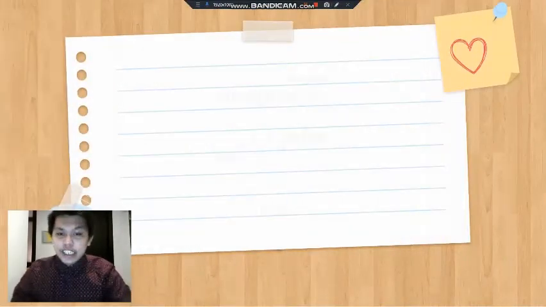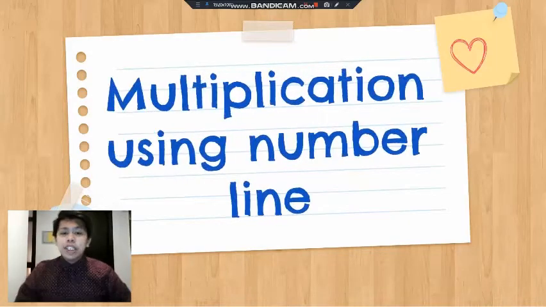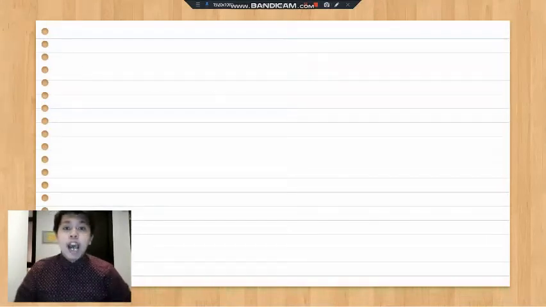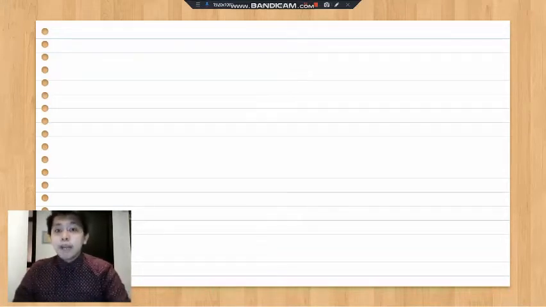Let's start with multiplication using a number line. You already know how to do repeated addition. You already know how to use arrays to get the product of a multiplication equation.